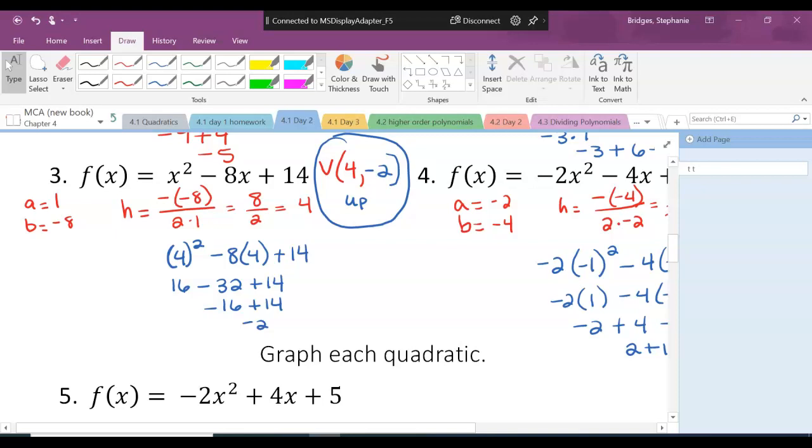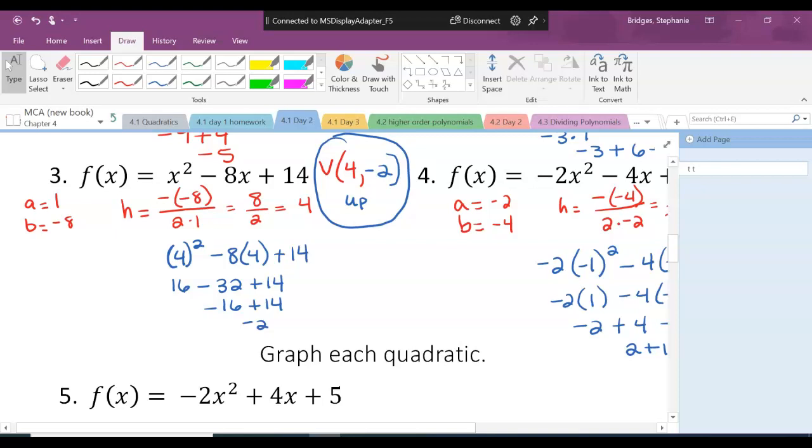Once you have that, you can plot your point. Pick your 2 x values to the right, your 2 x values to the left. Plug those in, find their matching y values, then you should have your parabola.